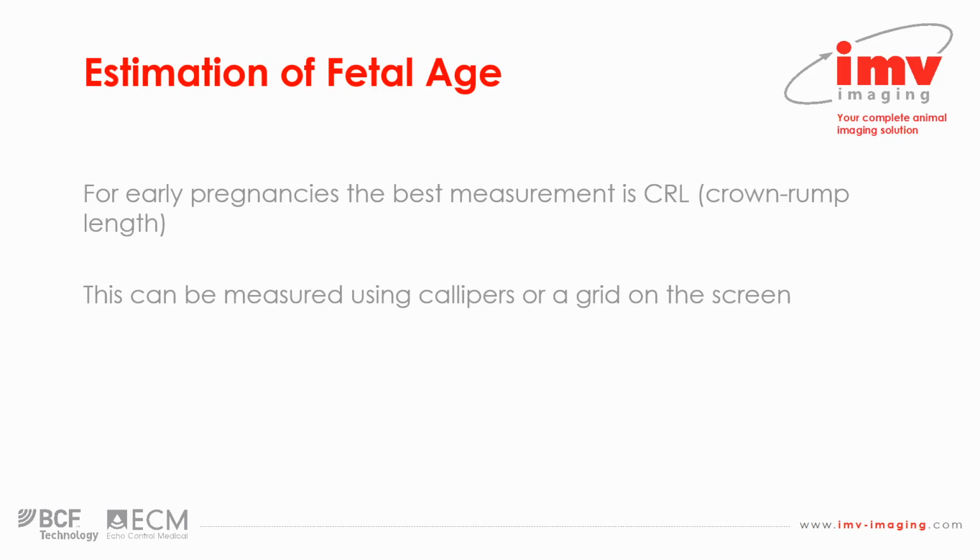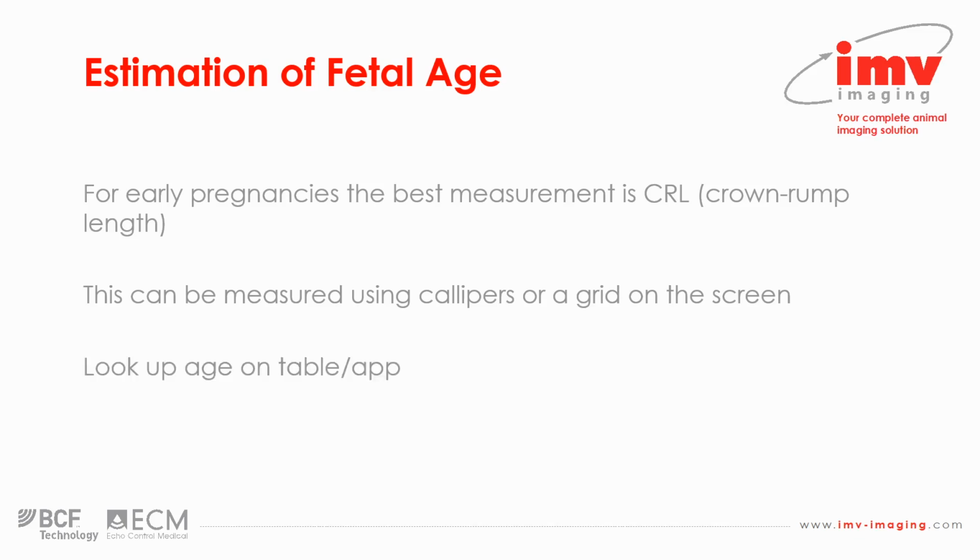Instead of using calipers, there's actually good evidence that just having a grid on the screen, typically every 1 centimetre, though that can be changed on most machines to be either ½ centimetre or 2 centimetres, can act as a very reliable eyeballing method. And with an experienced operator, there's very little difference between accuracy of aging of fetuses using calipers and measuring precisely versus eyeballing with a grid on the screen.